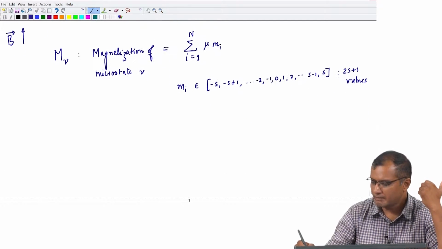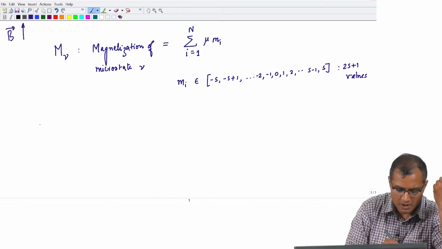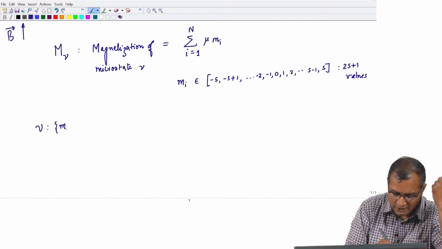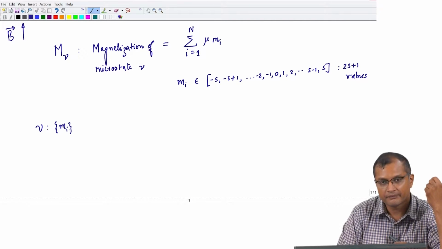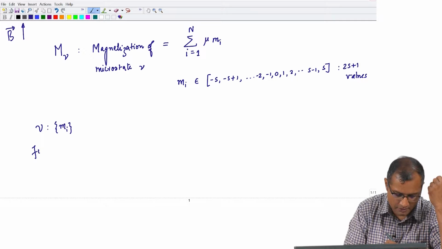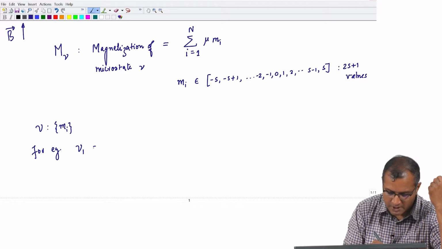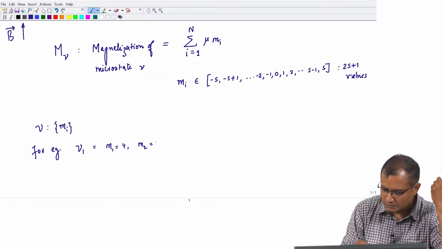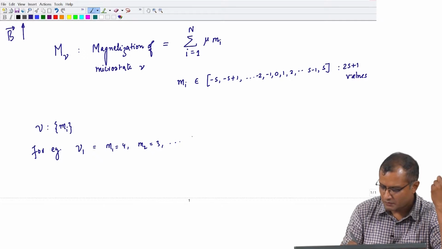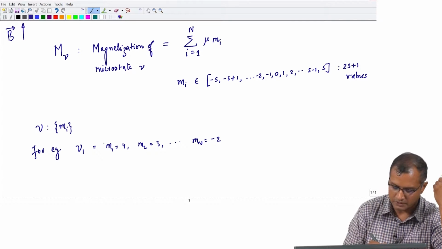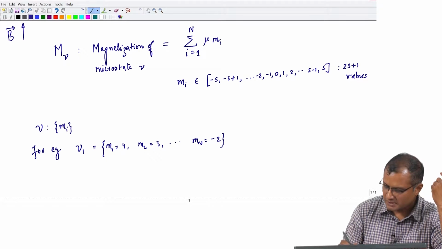Now, what is meant by a microstate here? As you already know, microstate is nothing but specified values of these excitations. Okay. For example, one microstate can be specified as m1 equal to 4, m2 equal to 3 and so on and so forth, and mn equal to some minus 2, whatever. So, this is one microstate.